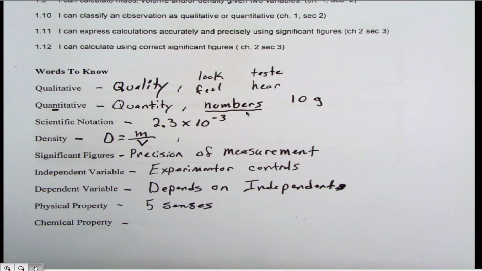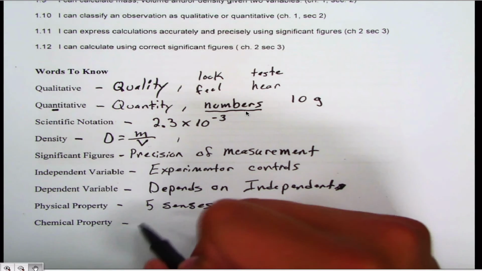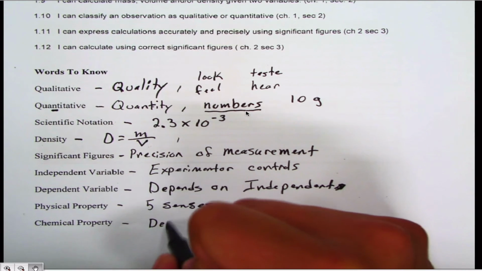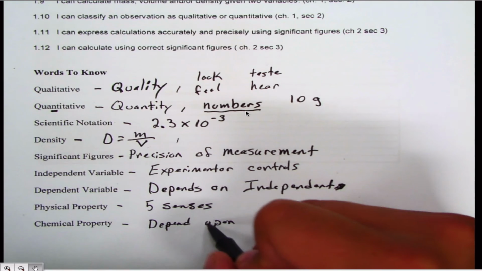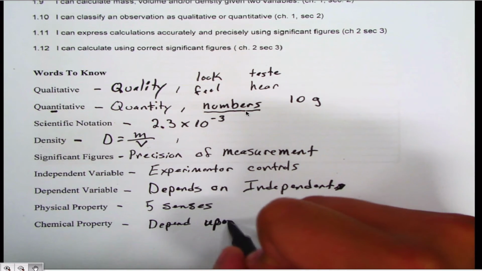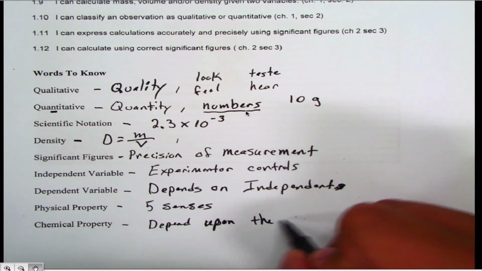Chemical properties, it's all about what they're made out of. So if something is flammable, it's because of the stuff it's made out of. If something is unreactive, it's because of the chemical stuff it's made of. So chemical properties depend upon the chemical makeup.